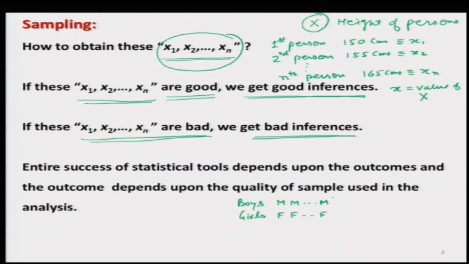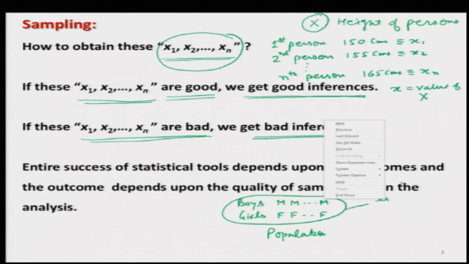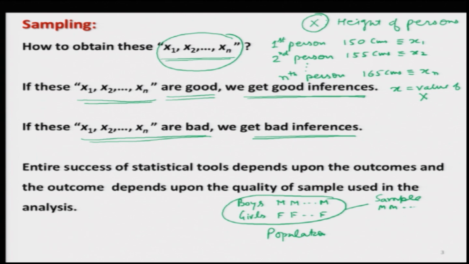Now, this is my population, and from there I try to draw a sample. Suppose the sample is only boys: male, male, male, male, male, no F. Or I take another sample with only girls: all F, F, F, F, F.